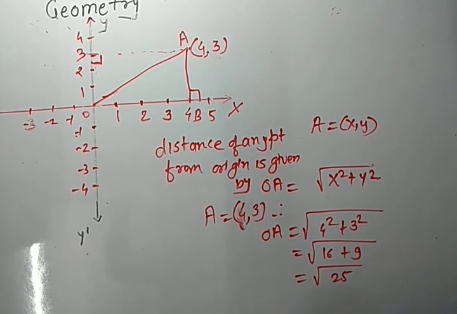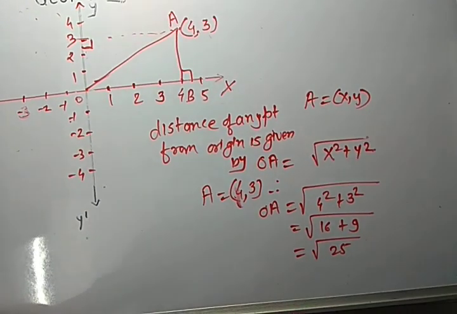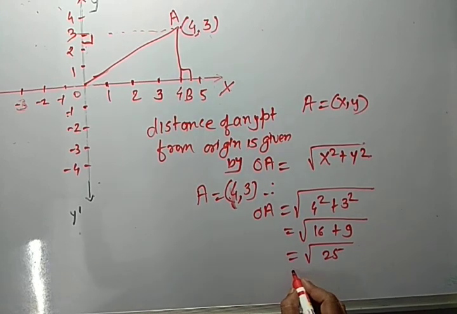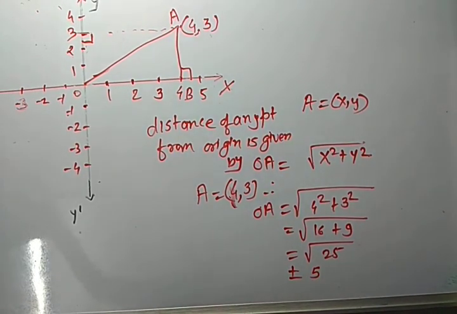What is square root of 25? It is plus minus 5. But we know that distance can never be negative. So discarding the negative value, we have OA is equal to only plus 5.